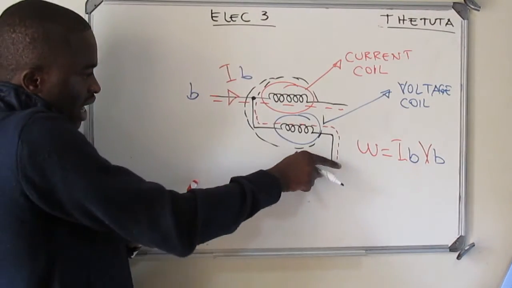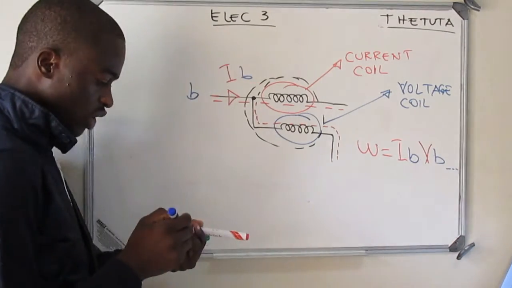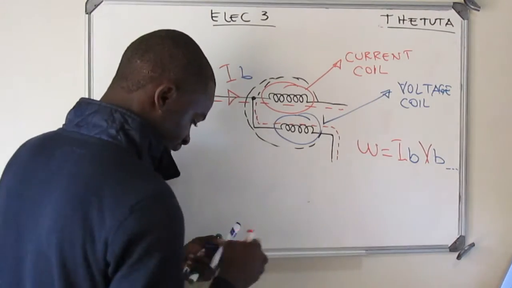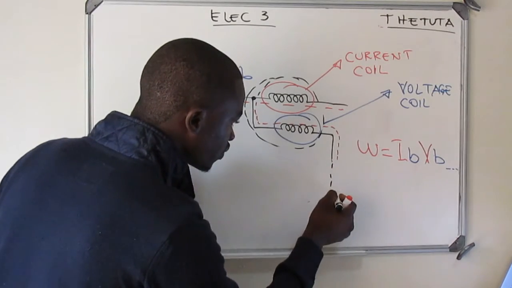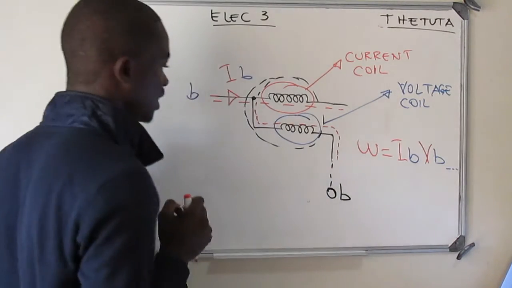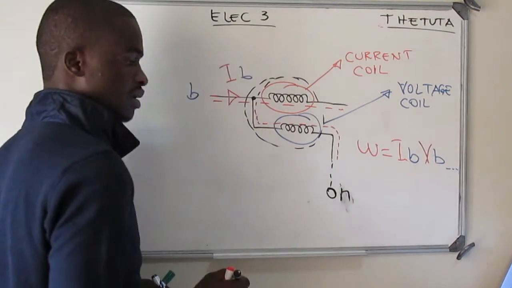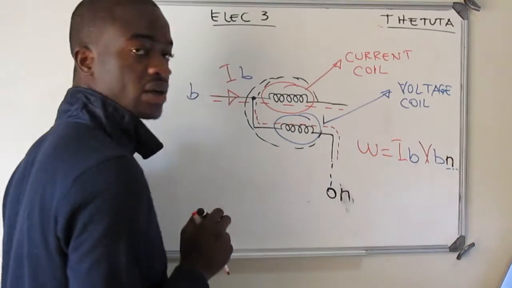But what will be the end of this voltage? Can you see what will be the end? Okay? So for instance, if the end of this voltage is connected, let's say, to the neutral, then I come here and say it's connected to the neutral.